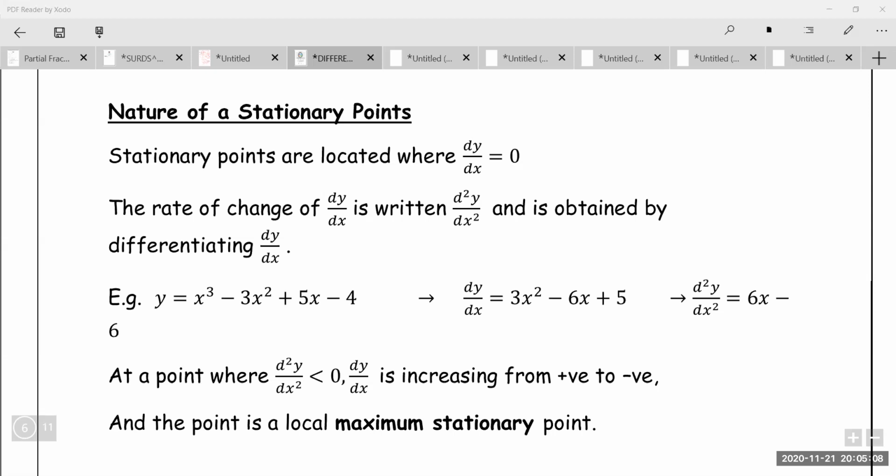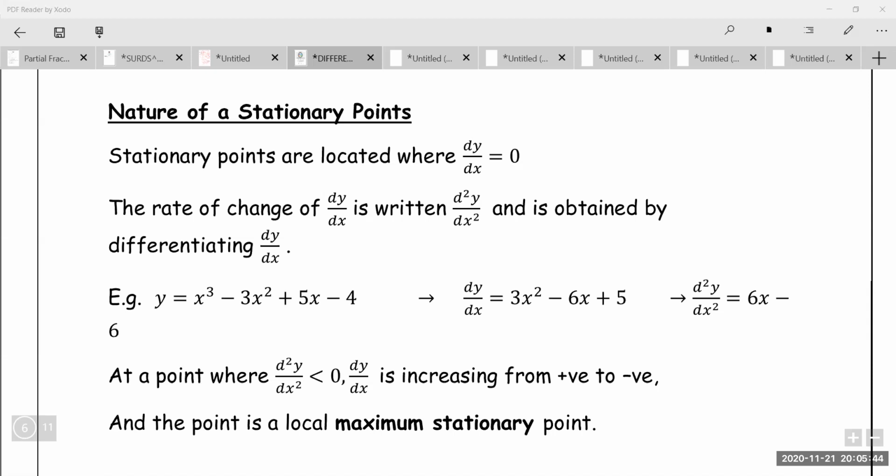Let's say given that the equation of the curve is that. Now my question to you is find the stationary point or points.